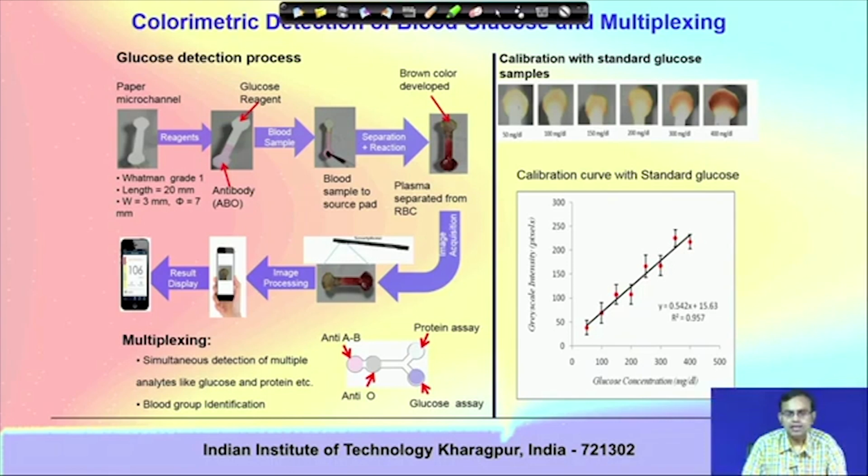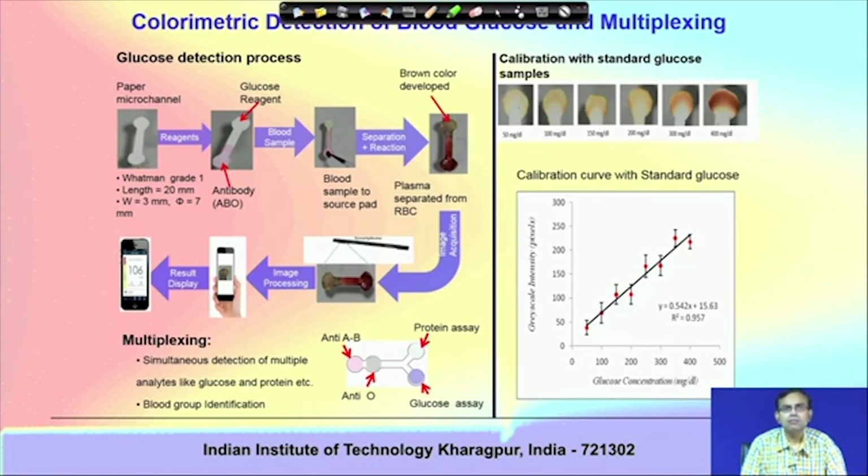There is a glucose reagent that is loaded and there is an antibody which is loaded. Then the blood sample is taken to the source pad, all these steps are clearly given in the diagram. Then there is a separation and reaction and a brown color is developed.